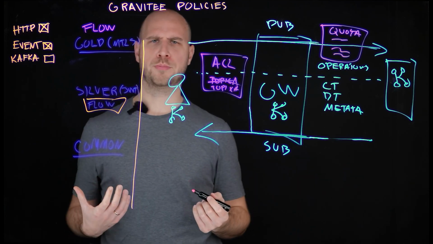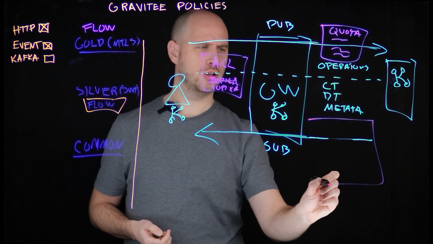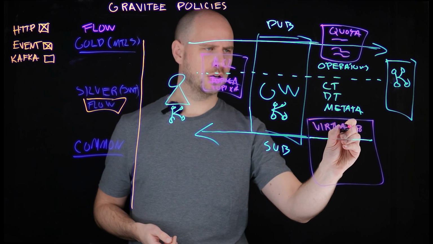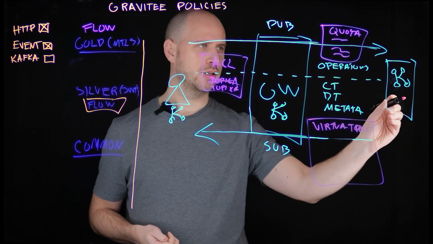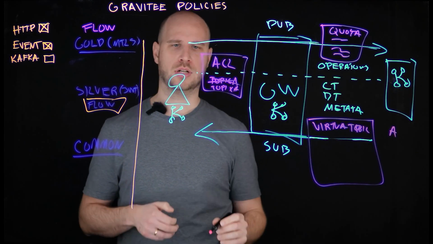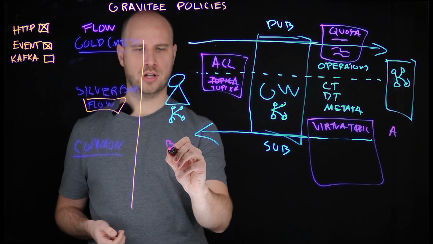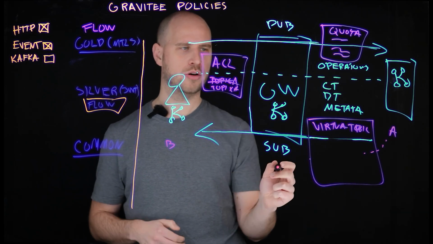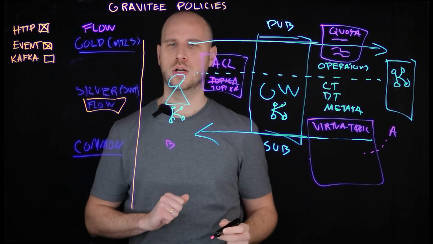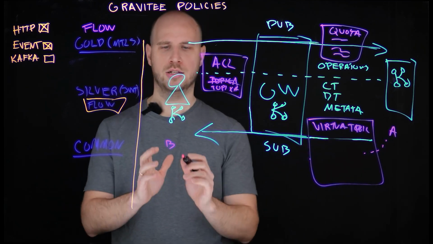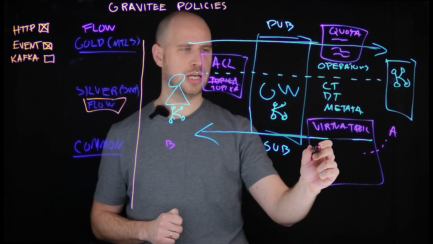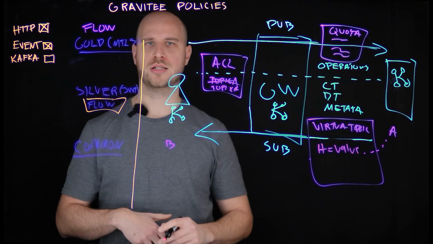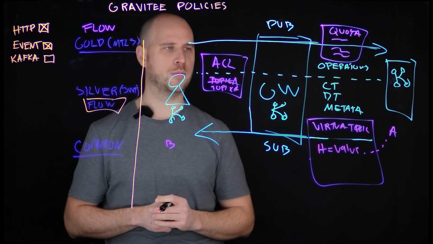Or maybe on the subscription piece, you're using something like virtual topics, a concept that allows you to expose one particular topic in your Kafka broker, maybe topic A, but your client may need to see that as a virtualized view called topic B. Now with a virtual topic, you can basically map those topics together and maybe do something like filtering. So maybe say that my client over here only cares about the data in topic B if the headers in topic A equal a particular value. Maybe that's an order number, or maybe that's a region or a country for whether you're subscribing to updates.